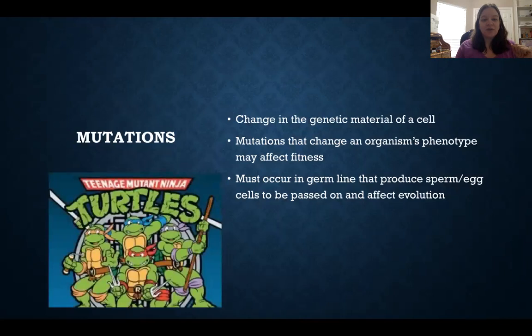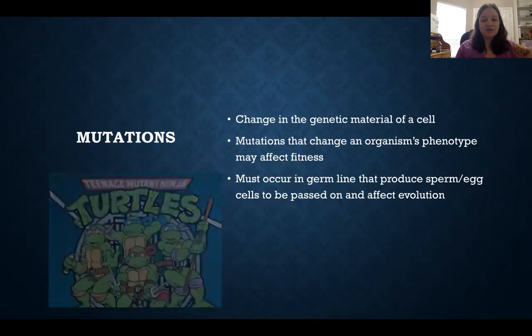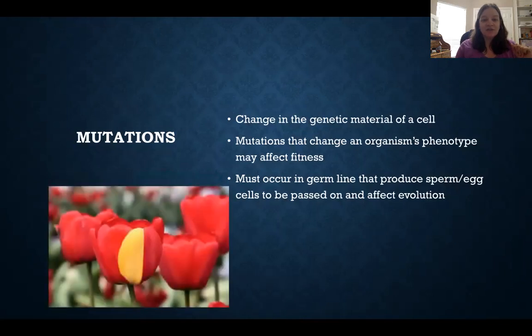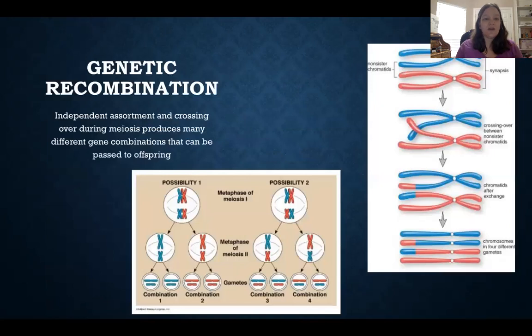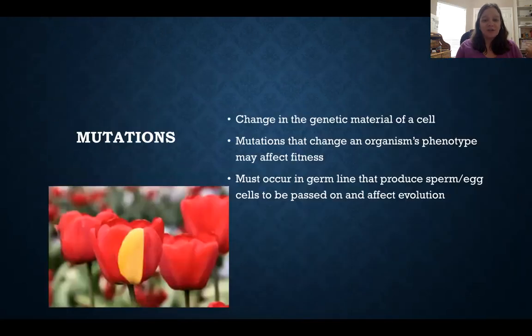We have some examples of mutations that would possibly increase or decrease an individual's fitness. The fact of having this one yellow petal may not do anything for the flower, or it might cause this flower to not attract as many pollinators.